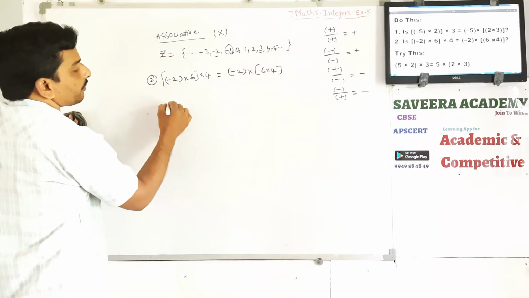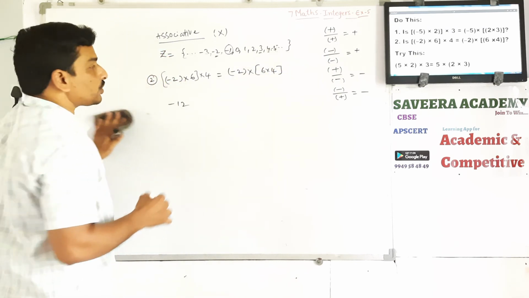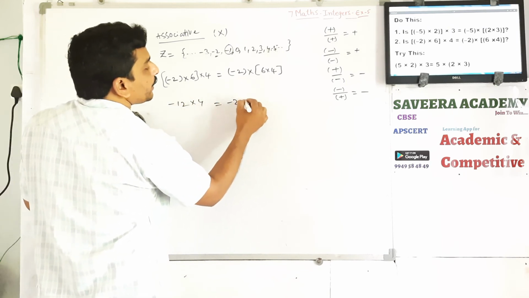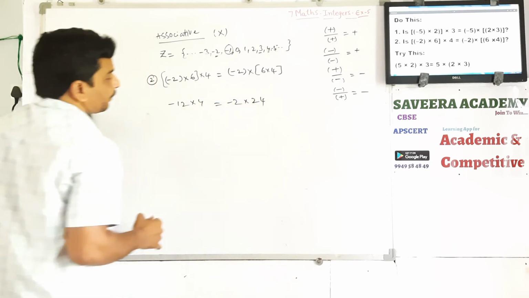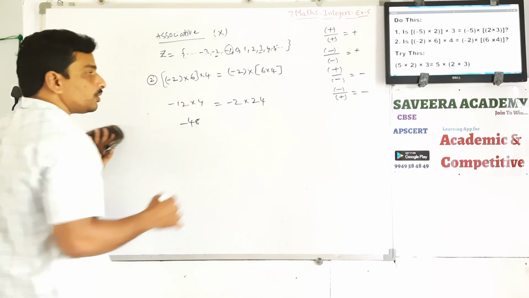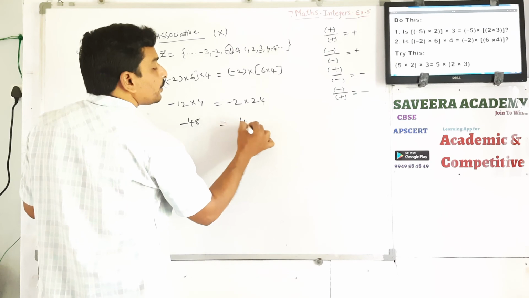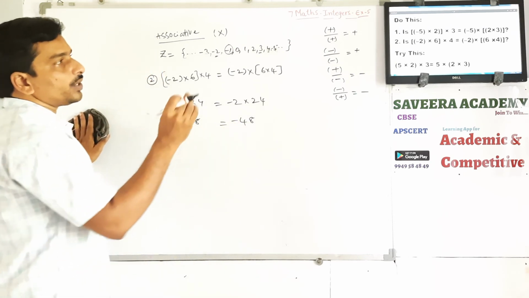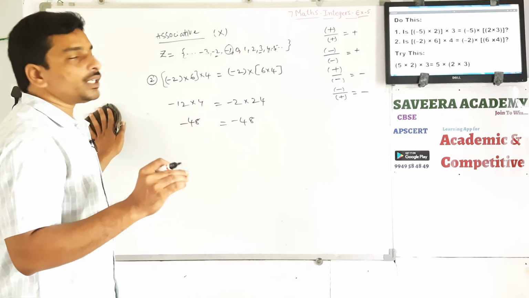Now here see, minus 2 into 6, minus 12 into 4 is equal to, here minus 2 into 6 fours are 24, 12 fours are 48, minus is there, so minus 48. 2 24s are 48, minus 48. Both are same. So the multiplication does not depend on grouping.